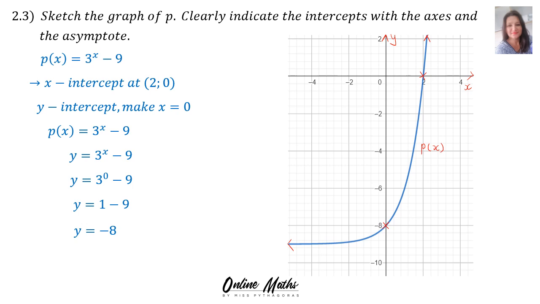But there's something very important that's missing here, and this is the asymptote. So you let your asymptote be there. Remember, the asymptote is a dotted line, and then on top of your asymptote, I need the equation. And the equation of the asymptote is y is equal to -9.